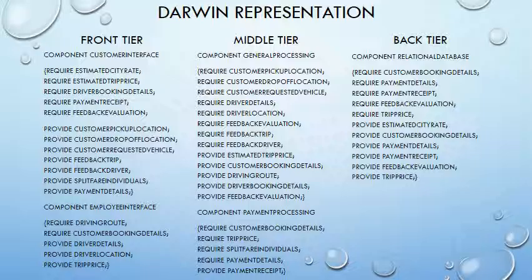So for example, the front tier sends all those details like the customer pickup location to the middle tier, which is then saved to the back tier, which is then passed on through to the driver, the employee interface. So I can't explain all this, and obviously there's more to a Darwin representation with the bindings, but I haven't included them on the slide. They will be in the report.